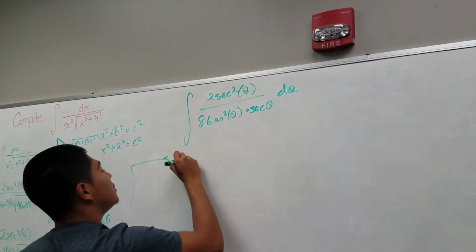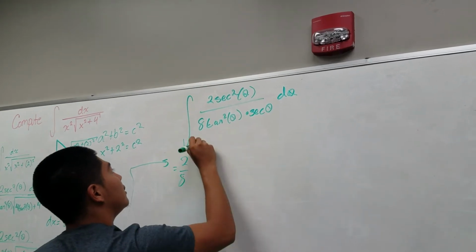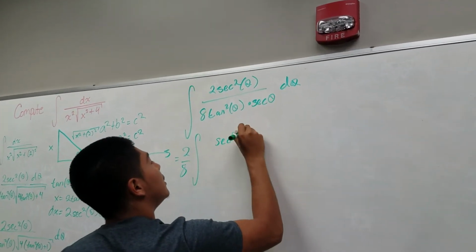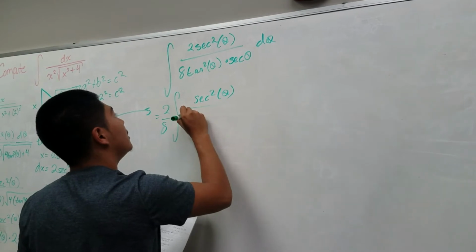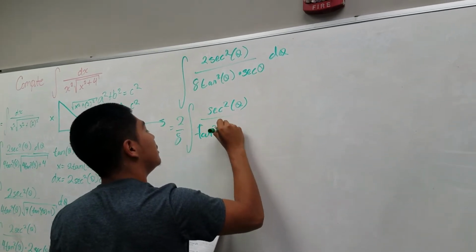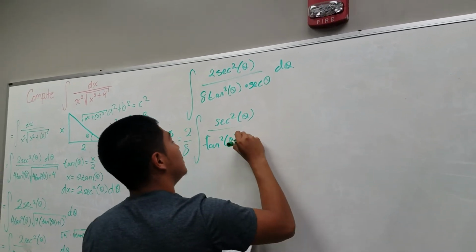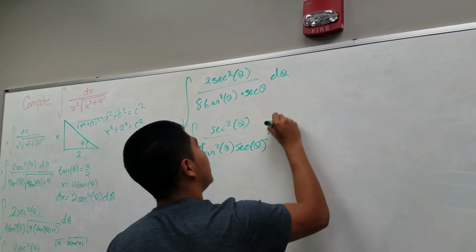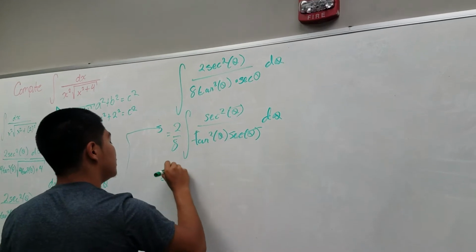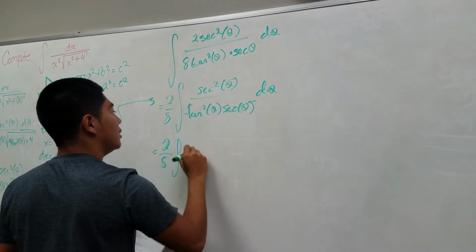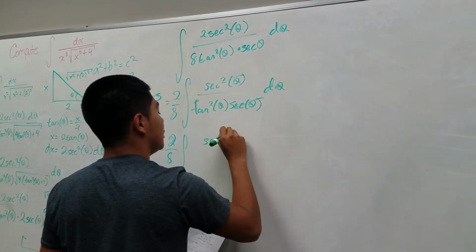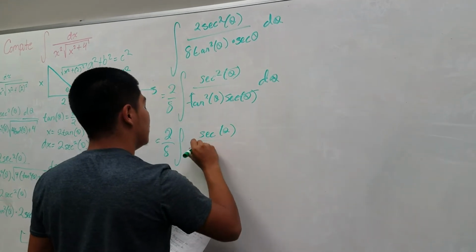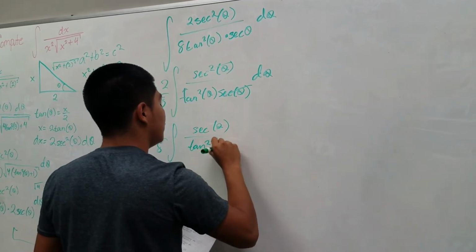Take out the constant, which will give us 2 over 8 times the integral of secant squared of theta over tangent squared of theta times secant of theta. This can simplify, which will give us 2/8 integral of secant of theta over tangent squared of theta.